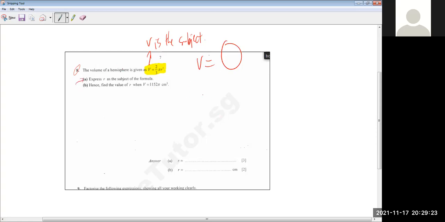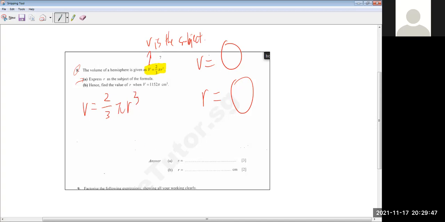So what they want is R equals to something. Okay. So how do you get R equals to something from V equals to something? All right. So I just write down V is equal to 2/3 pi R squared first. Square or cube? Volume, cube.